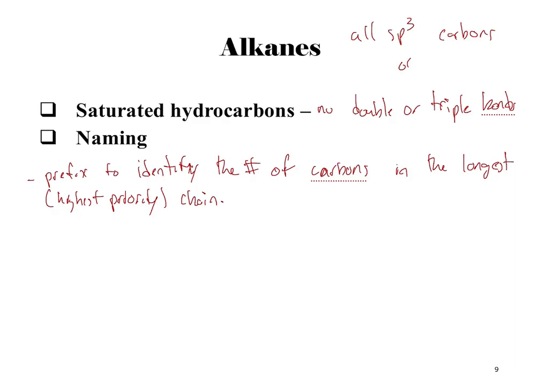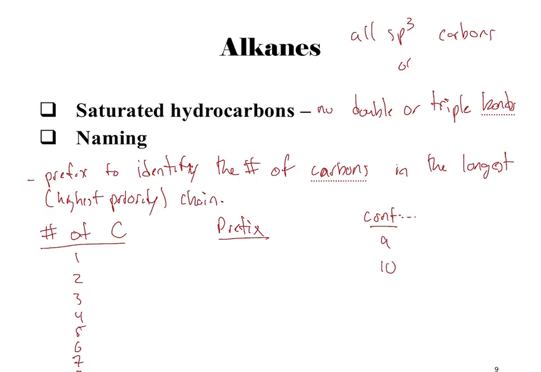And so the prefixes, because we don't want to make anything easy, are different from all the other prefixes that you've looked at before. The prefixes for carbon-based molecules for the longest chain, based off of the number of carbons in that chain: 1, 2, 3, 4, 5, 6, 7, 8, 9 and 10.